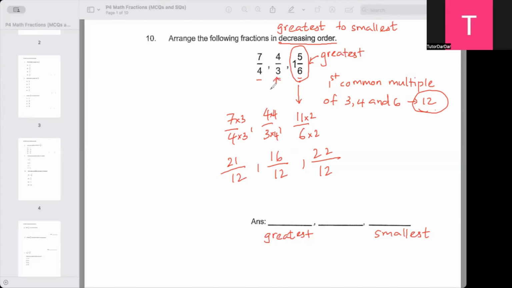So this is the smallest. So let's arrange. We will have the greatest, which is 1, 5/6. We have to put the original fractions. We cannot put all this. Second one will be 7/4. And the smallest will be 4/3.